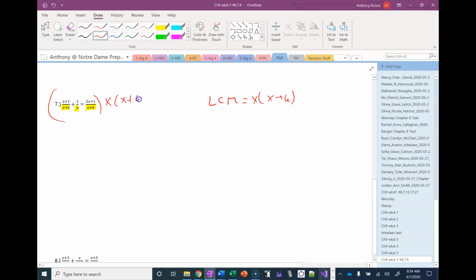So I'm going to multiply both sides of this equation by x times x plus 6. That's going to give me this.